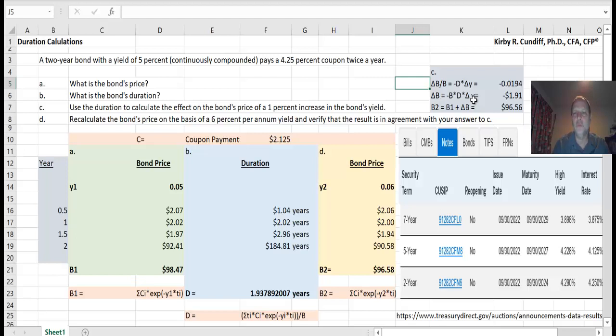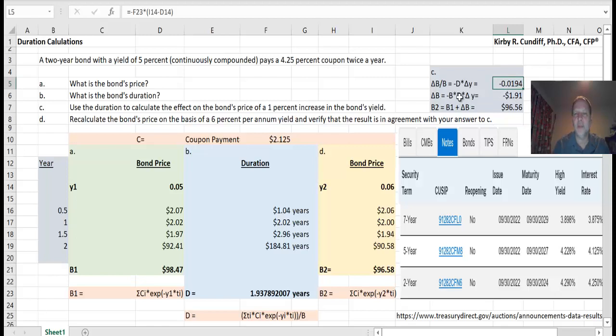On a percentage-wide basis, delta B over B is then going to be minus the duration times the change in interest rates, which is minus F23, our duration here, times our change in interest rates, which is going to be 0.06 minus 0.05. So it's basically just 0.01 times this minus 0.0194.